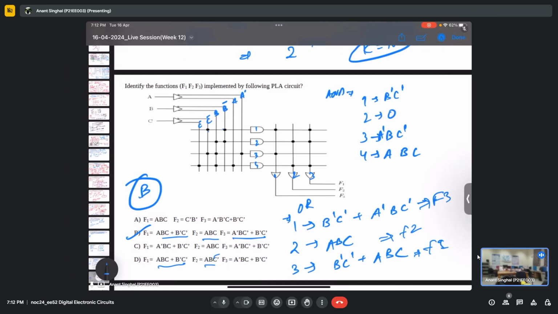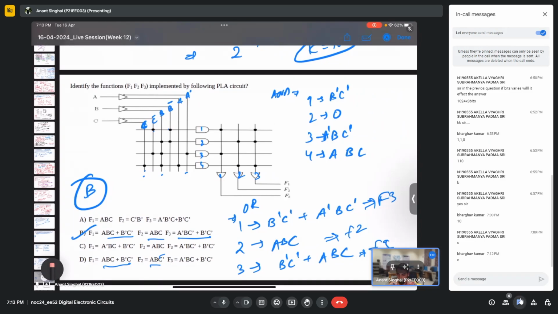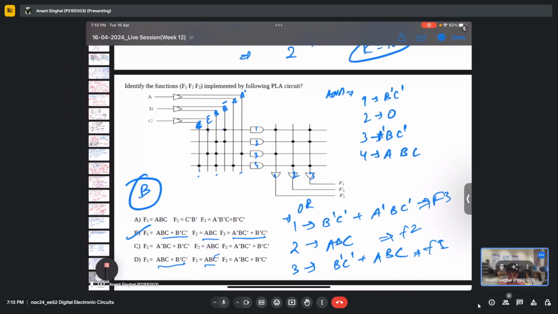So F1 is 3 and 3 is 1 plus 4. 4 is C complement C. A complement, A complement B C. So it will be B. Why are you saying C? Is it clear now? I'm getting B again.